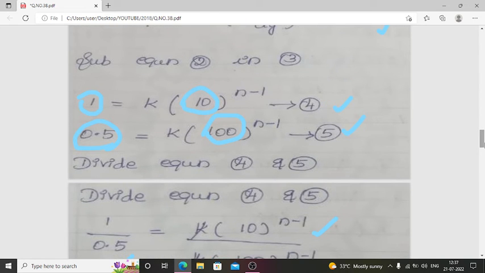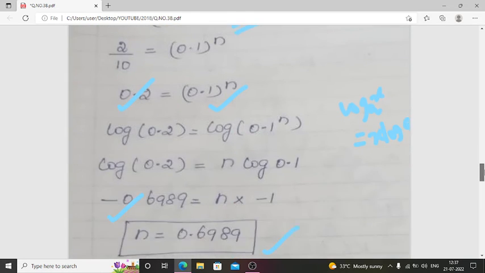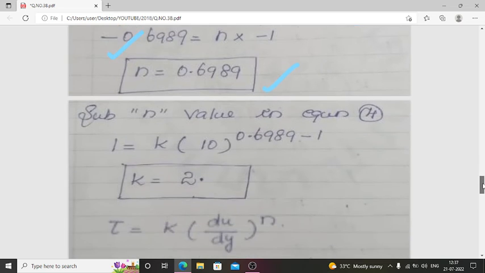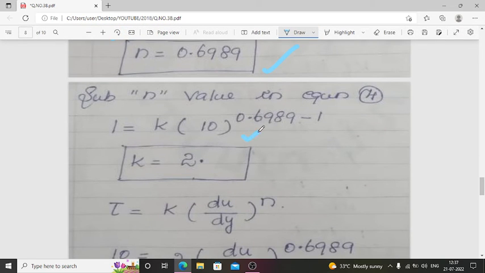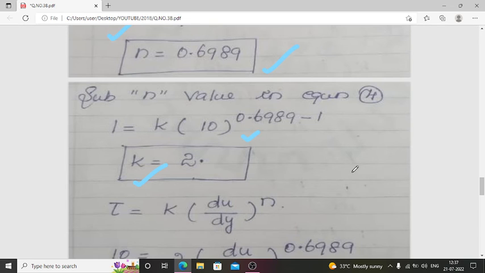You take any one expression and substitute the flow behavior index n value to determine the flow consistency index, that is k. Okay, so here the fourth expression, 1 is equal to k into 10 power n minus 1. Here n is 0.6989, substitute here. Find out the flow consistency index, k is equal to 2.